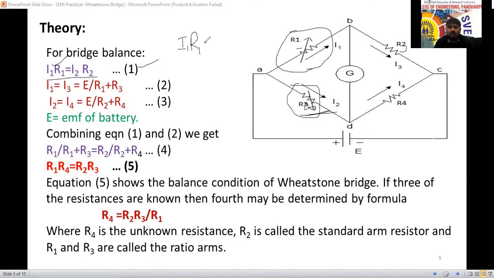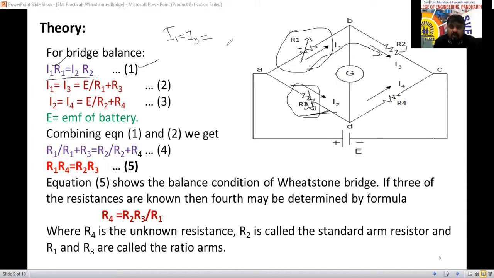If I1 equals I3, these two have the same current flowing, so R1 and R3 are in series. Yes, series.